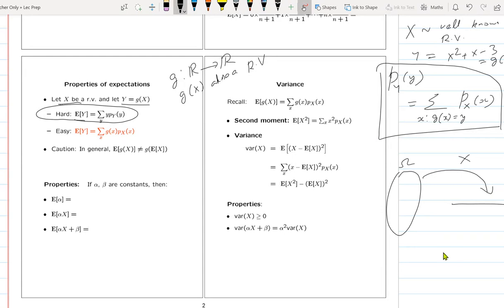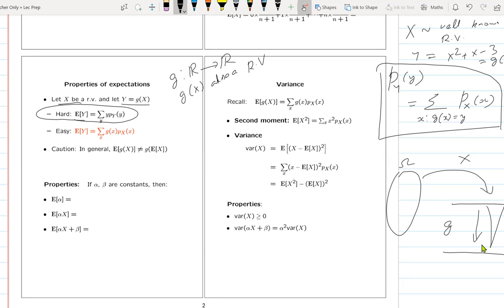And then you have a function g, which maps real numbers to real numbers. It might map multiple real numbers to the same real number. Nobody said g is a one-to-one function or anything like that. And in particular, what is the graph of this particular function? There are multiple values of x for which the same y occurs, right?